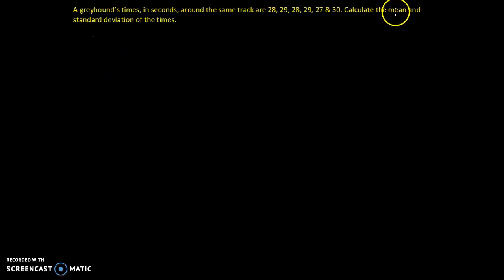Right, first thing I'm going to do is calculate the mean. So the mean we can also write as x bar. We'll come to that later. Don't worry too much about that, just now being called x bar. So mean, add all the values together, all the times in this case, 28 plus 29 plus, and so on, and the last value 30.